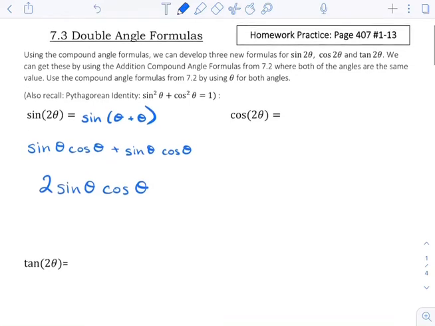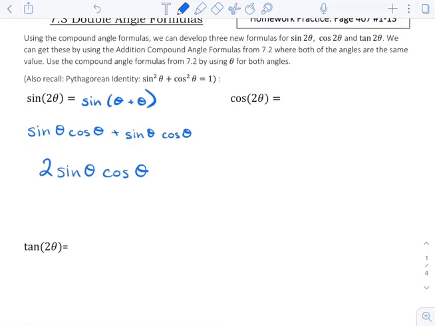Let's keep going along. We'll look at the cosine. So cosine double angle, well, that's cos of theta plus theta. The formula was cosine of the first angle, cos of the second angle, minus sine of the first angle, sine of the second angle.